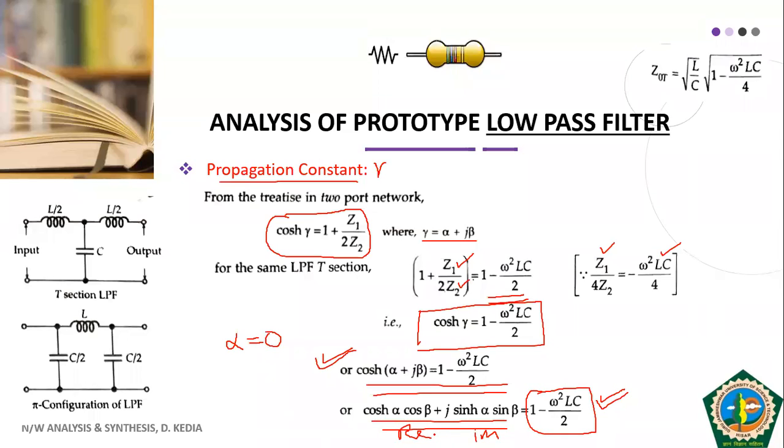So you can see that since there is no imaginary part on the right hand side, sine hyperbolic alpha into sine beta is nothing but equal to 0. Okay, and cos hyperbolic alpha cos beta is equal to 1 minus omega square LC by 2. So this expression, if you remember, you can use it in the design numericals of any constant K filter. Fine.